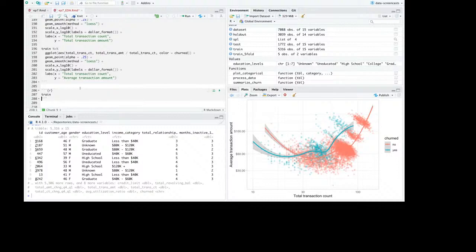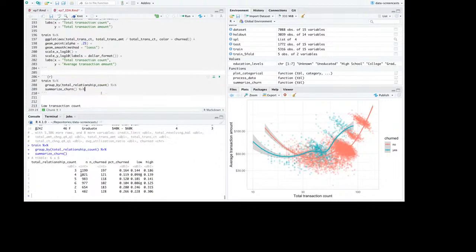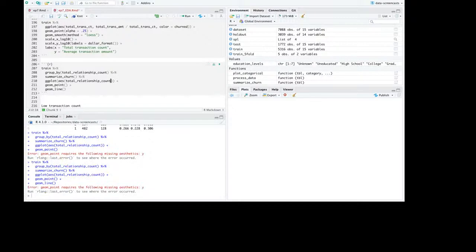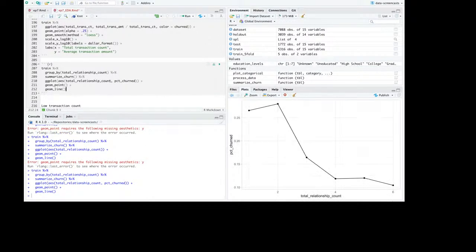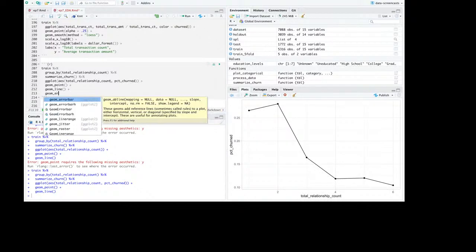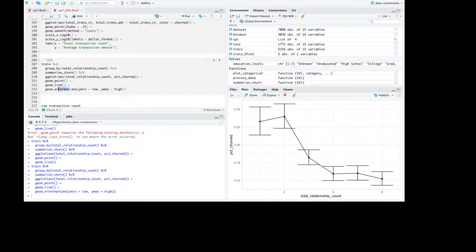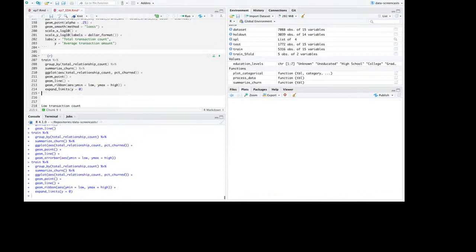And let's see this, total relationships. That's cool how much the relationships matter, though I have yet to do this.